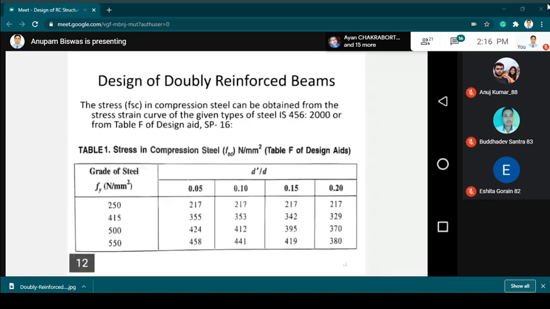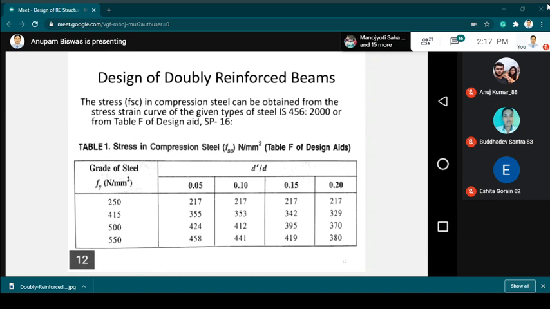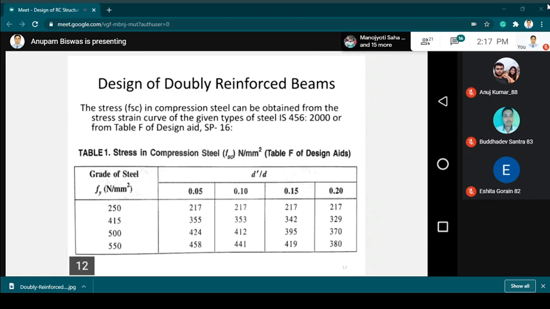So to obtain this corresponding value, we have to use SP16 design aid, that is Table F, where you will get the value of d dash by d for the corresponding grade of steel. So this is actually your value 0.87 Fy.